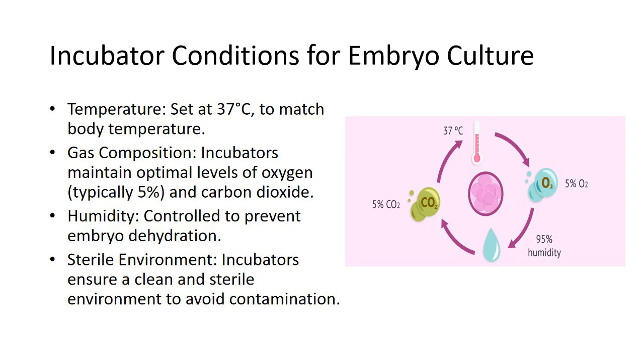Oxygen tension. Oxygen levels in the embryo culture medium are carefully controlled. Low oxygen tension, hypoxia, is typically used to mimic the in vivo environment, as it is believed that embryos develop better in lower oxygen conditions.